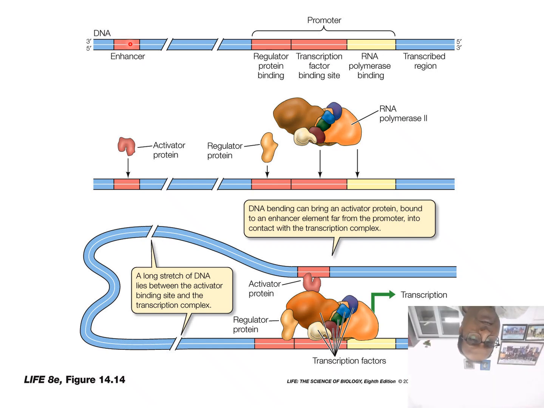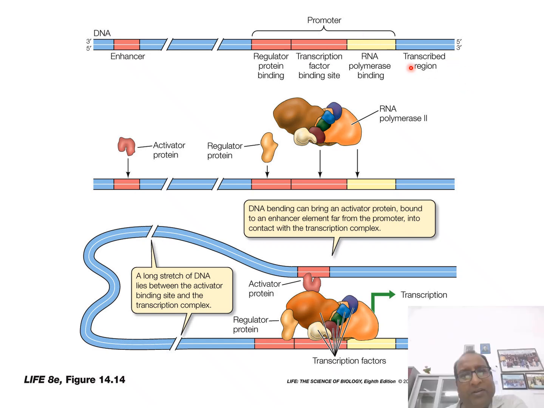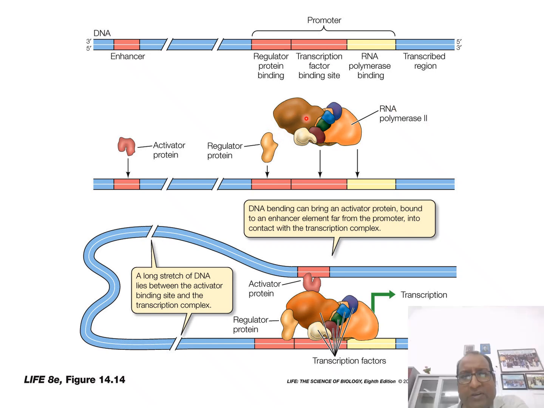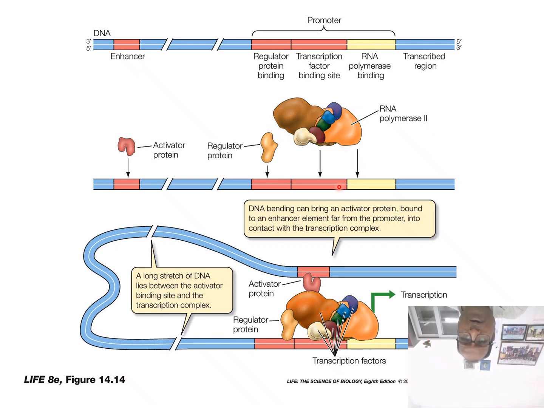It also affects the overall expression of the transcript. As you see, activator protein binds to the enhancer area, regulator protein binds to the regulatory area, and RNA polymerase along with a set of transcription factors binds to the promoter and RNA polymerase binding site.